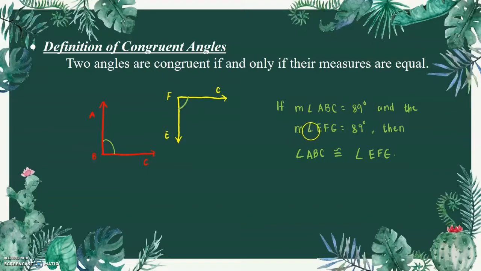The measure of angle EFG is equal to 89 degrees. So if the measure of angle ABC is equal to 89 degrees and the measure of angle EFG is equal to 89 degrees, then angle ABC is congruent to angle EFG. Okay? So that is the definition of congruent angles.